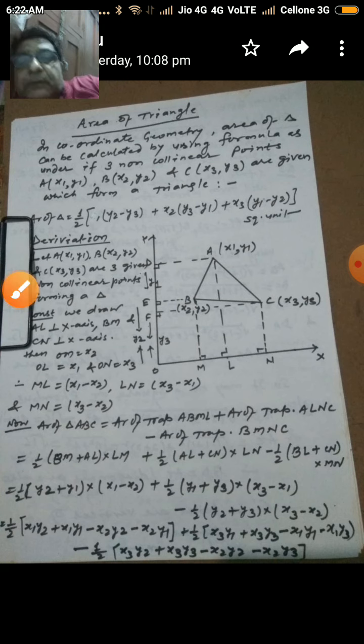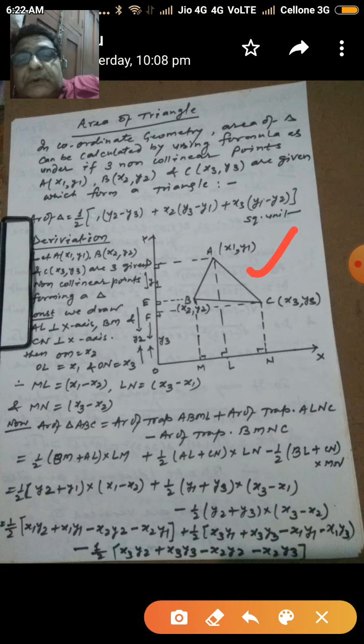You just observe here the 3 points A (x1, y1), B (x2, y2) and C (x3, y3) are non-collinear. Joining them we get a triangle. Now what we do, we draw the perpendicular from each point, say from A, from B and from C, to the x-axis as well as to the y-axis.